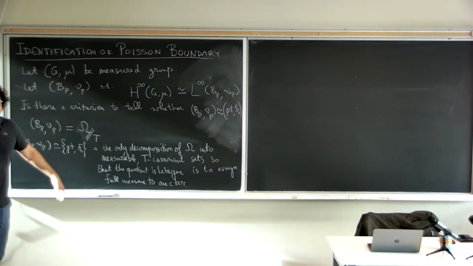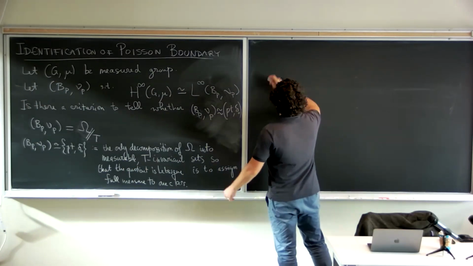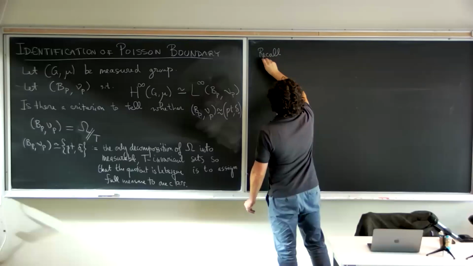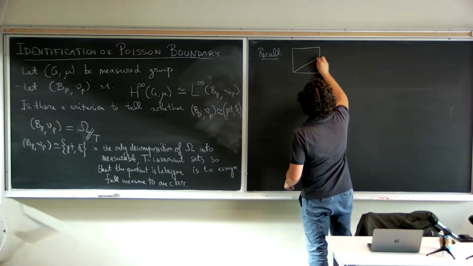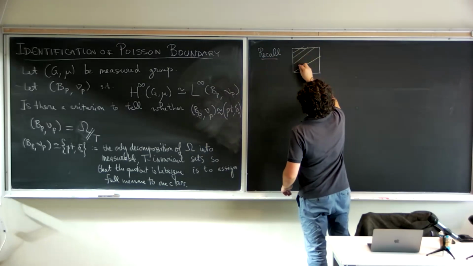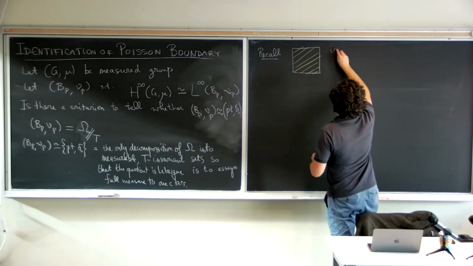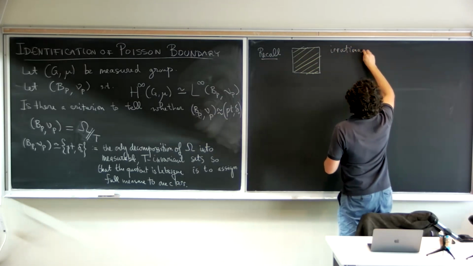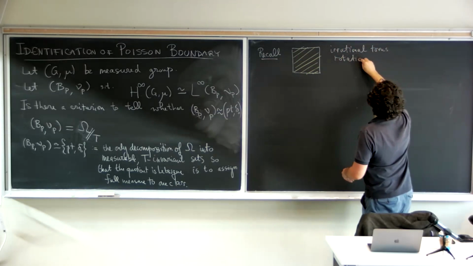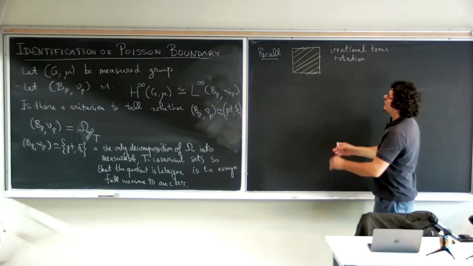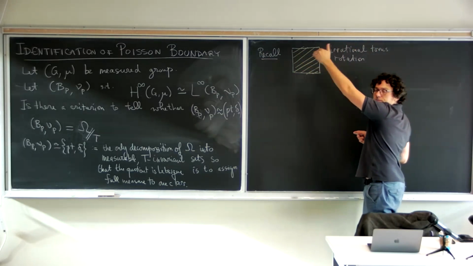Now, remember what we discussed before. Recall the analogy with the irrational rotation of the torus. So we have this analogy that if we take an irrational torus rotation, we have classes. So each orbit is a leaf of this foliation.